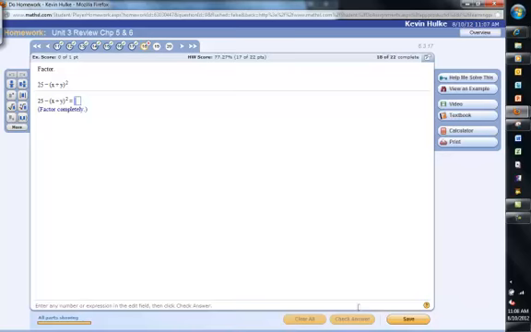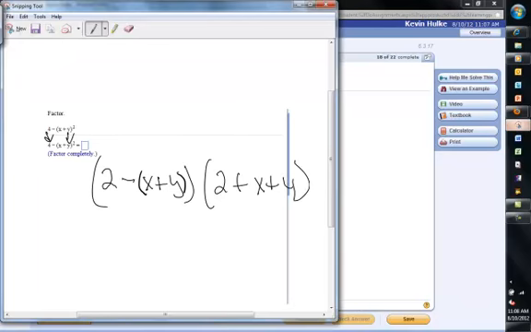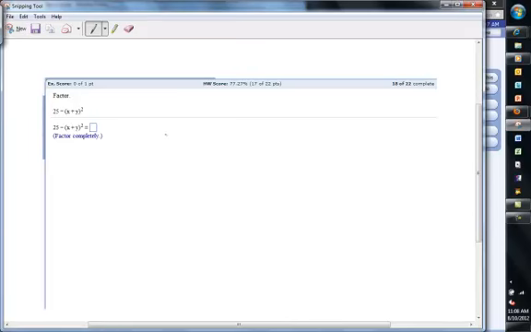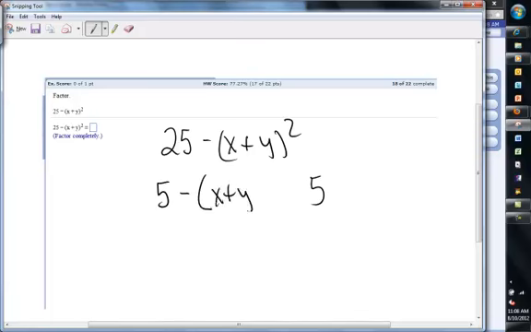Next number. Let's factor this one. It's a difference of 2 squares, so we have 25 minus x plus y squared. The square root of the first term is 5, so we write that twice, minus x plus y, and 5 plus x plus y.